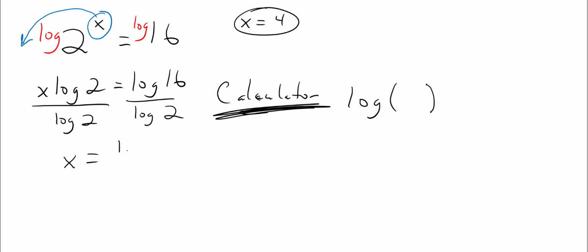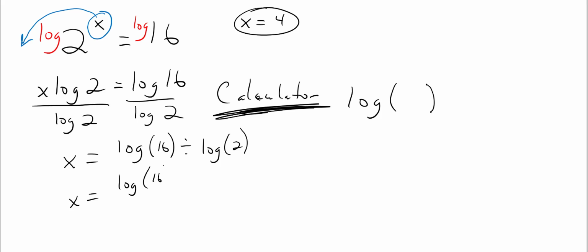So I'm going to write this out here: log of 16, and then divided by log of 2, and make sure you close the parentheses. Super important. So you don't really look at it this way. It's really log of 16 divided by log of 2, and that's what you're going to type in your calculator. If you do that, you will get x equals 4.